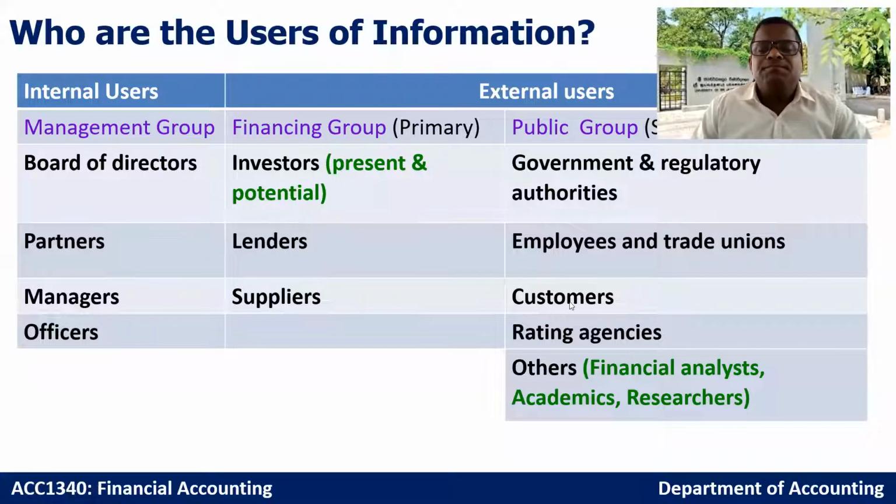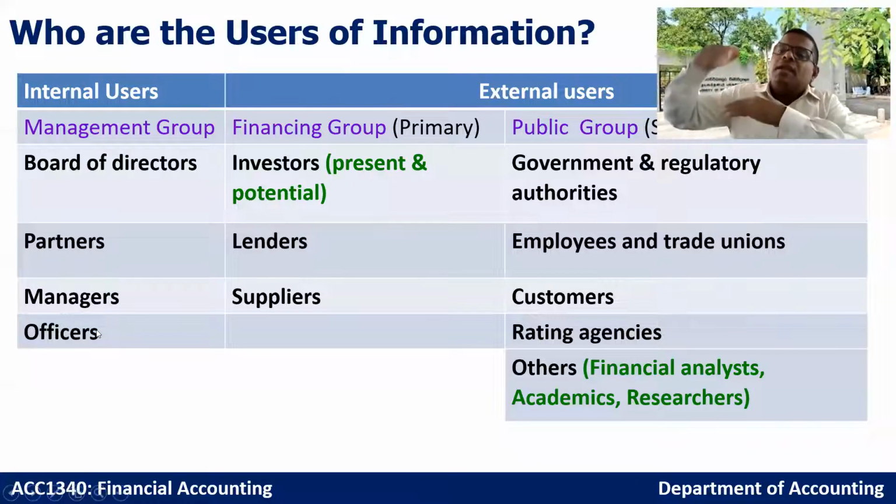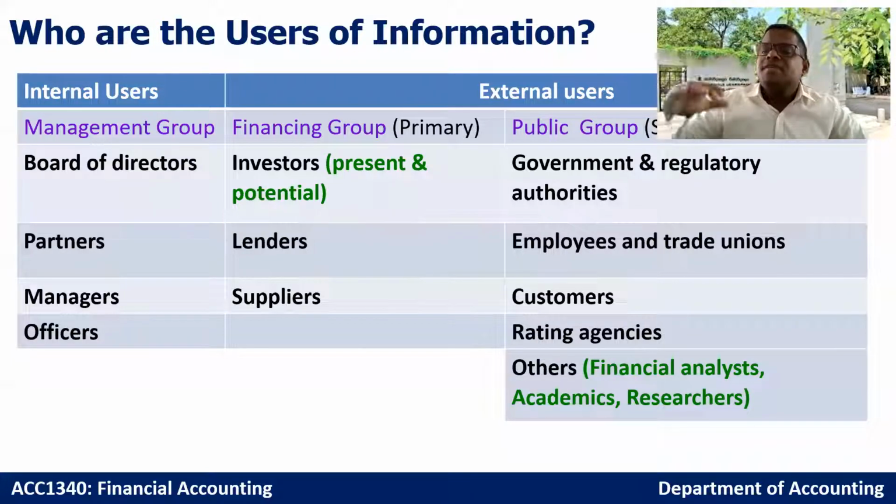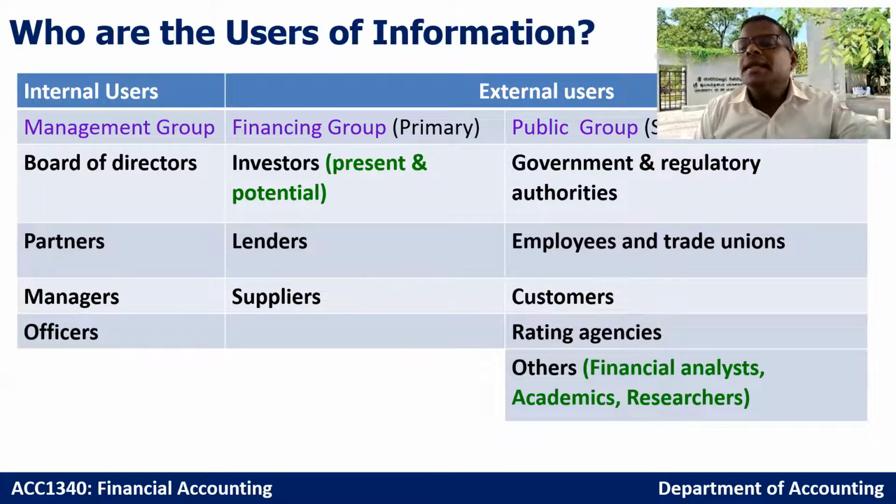In a sole proprietorship or partnership, the partners, powerful managers and executives have the access. Even these managers and officers might have different levels of access, but we don't consider that. Since they have access to a certain amount of information, we call them internal users.